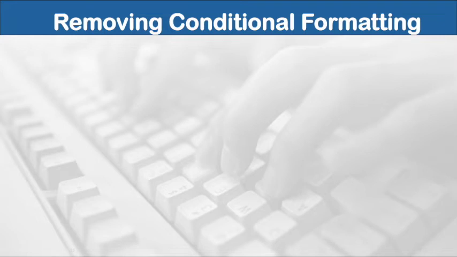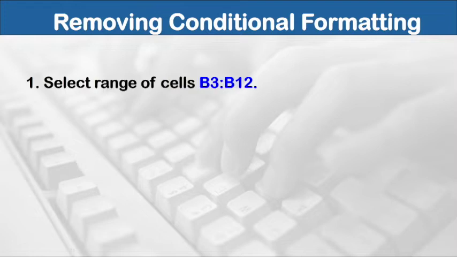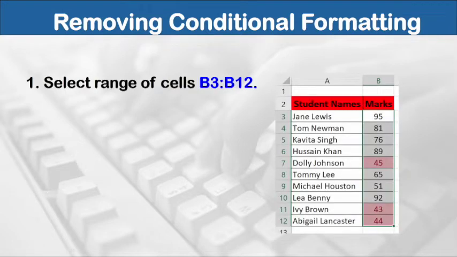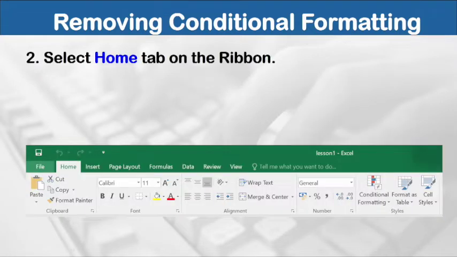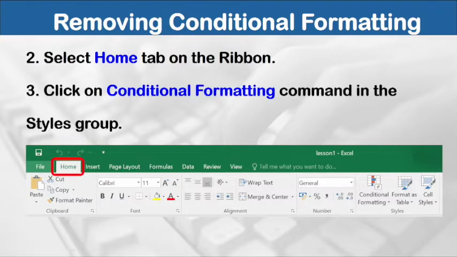Now, to remove conditional formatting, use the following steps. Select range of cells B3 to B12. Select Home tab on the ribbon. Then click on Conditional Formatting command in the Styles group.